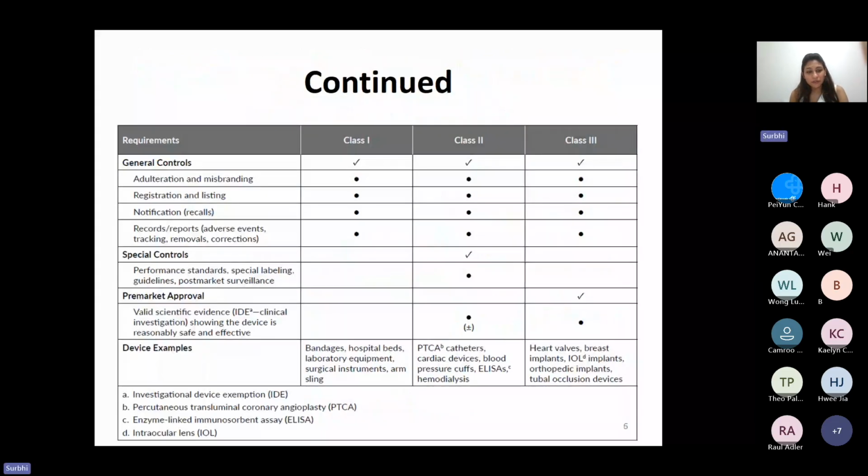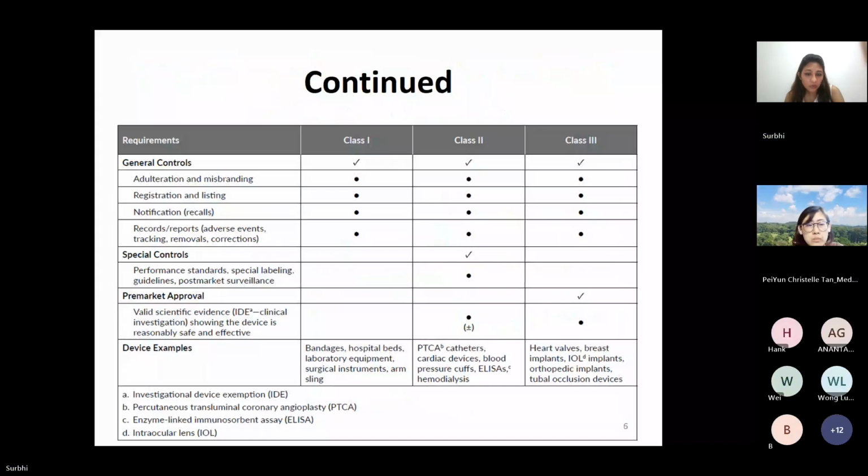Then a very basic general overview of what is required under class 1, class 2 and class 3. General controls plus the special controls. Adulteration and misbranding, which is basically vigilance, is required for all three classes. Registration and listing is required for all. Recalls are required for all. Plus AE, tracking, removals, corrections, all are required for all three classes.